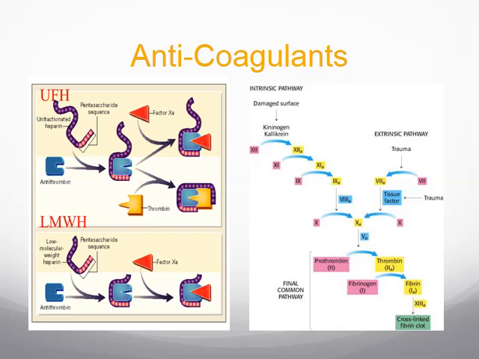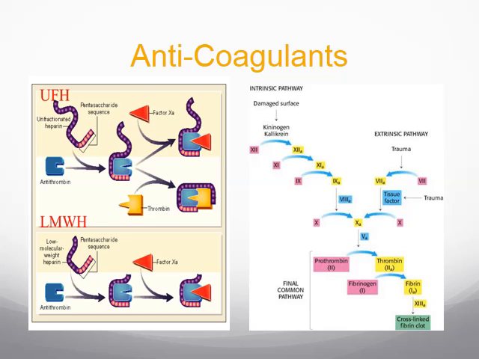And unfractionated heparin also can affect other factors throughout the coagulation cascade and can actually bind to things like platelets and other cells in the body to prevent the clot formation.